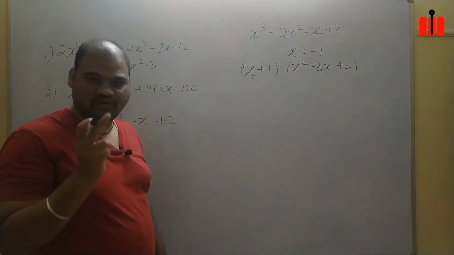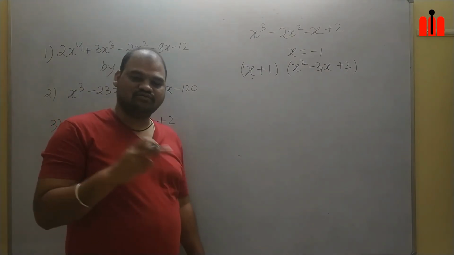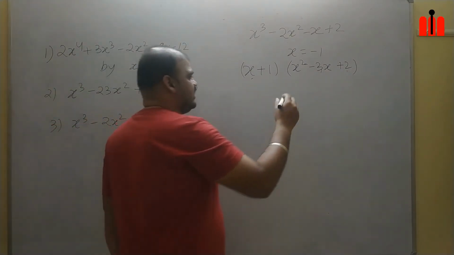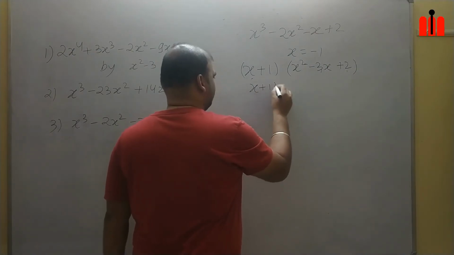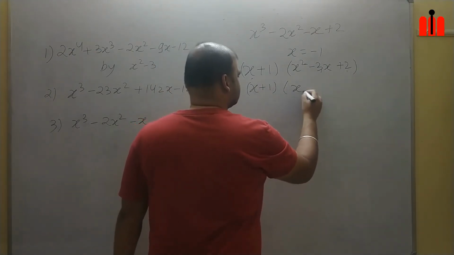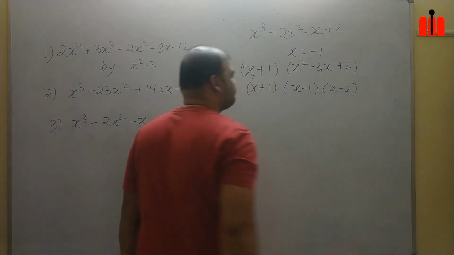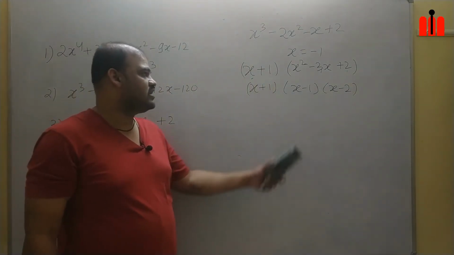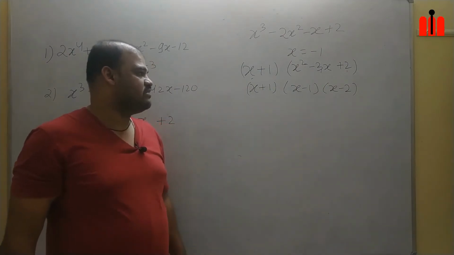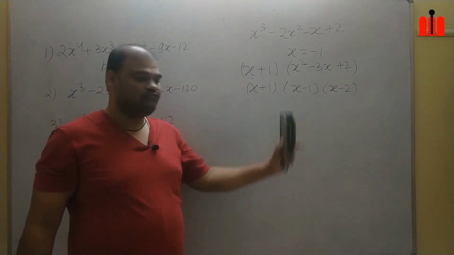I told it earlier itself, so you do it. Okay, so you will get x plus 1, x minus 1, x minus 2 as the factors.